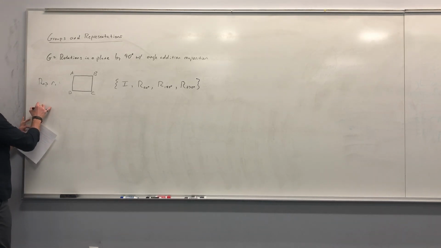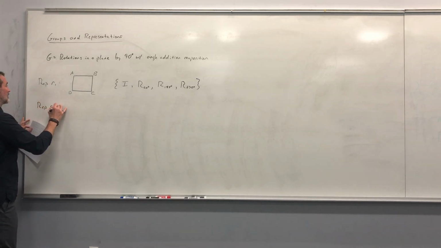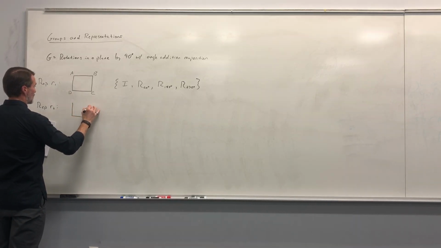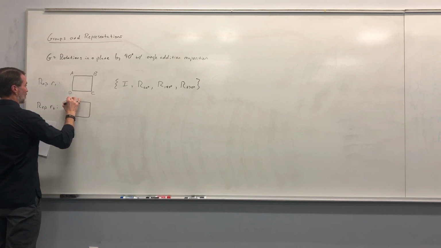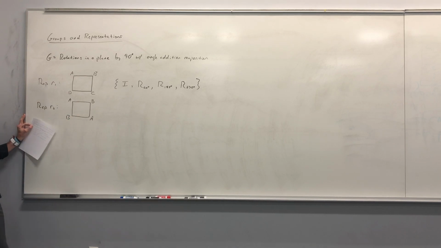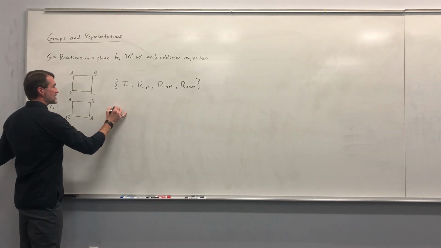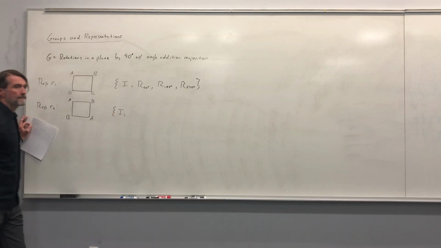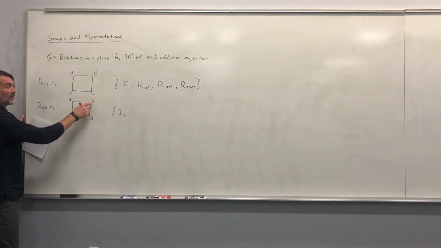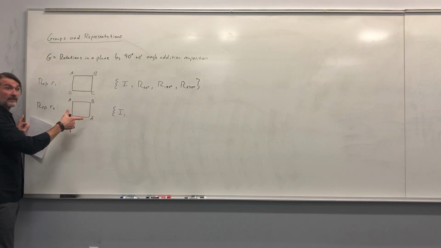All right, let's consider another. Well, I can always do the identity. That's a given. If I do a 90-degree rotation, do I get something new and different? A will go to B, B will go, so yeah, that'll look different.